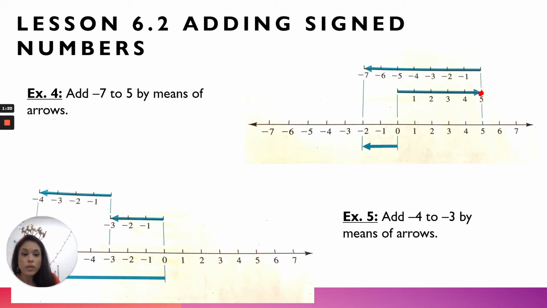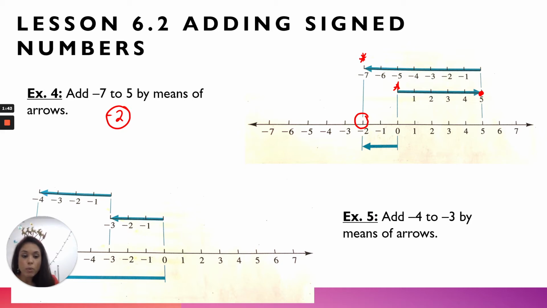As we move left 7 places, you will see we end up here at -2. And our total net from this place to this place is 2. Our answer is -2 because it is to the left of the 0.